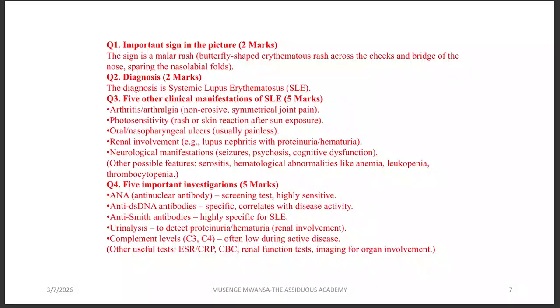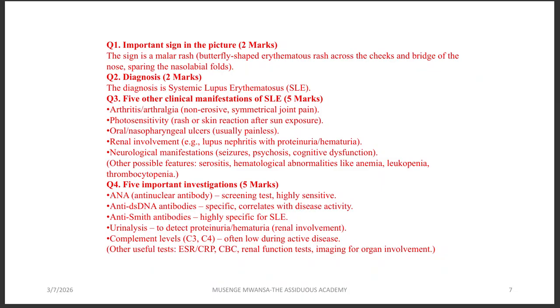Okay, you can also do urinalysis because remember we said that there's going to be injury to the kidney and nephropathy, and then you can also look at the complement system, specifically C3 and C4, which are going to be lowered.